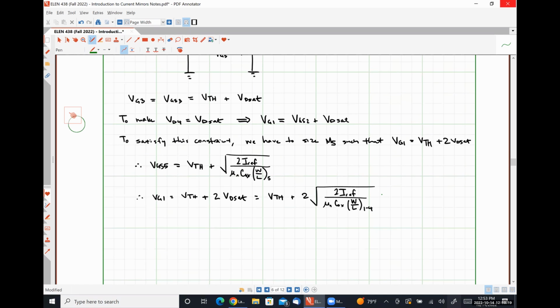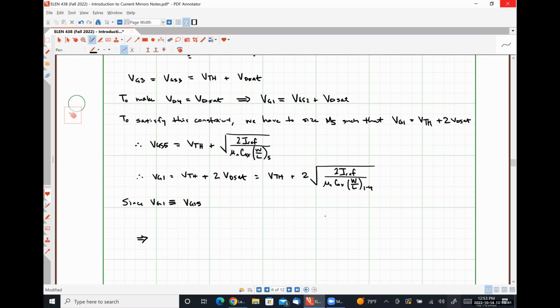So if we equate these two things, since VG1 must be exactly equal to VGS5, that means VTH plus twice the square root of twice IREF over mu n Cox W over L 1 through 4 has to be equal to VTH plus the square root of twice IREF over mu n Cox W over L for transistor M5.